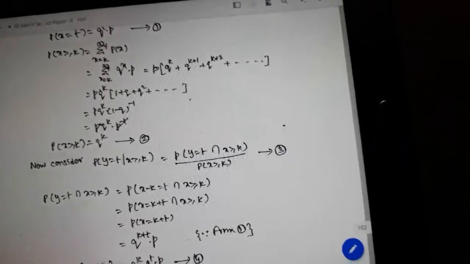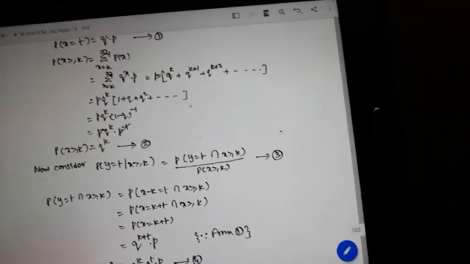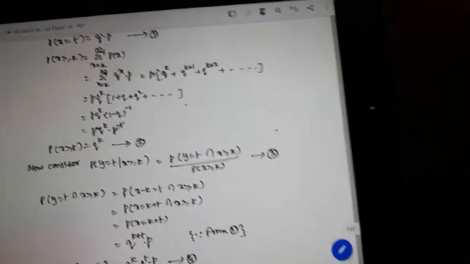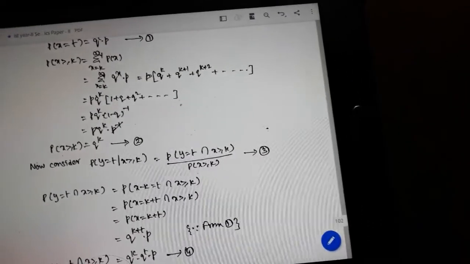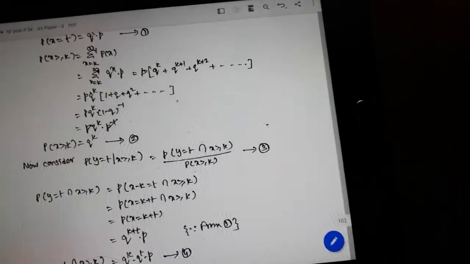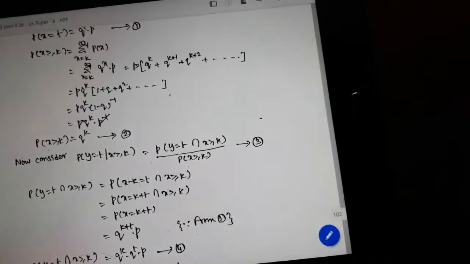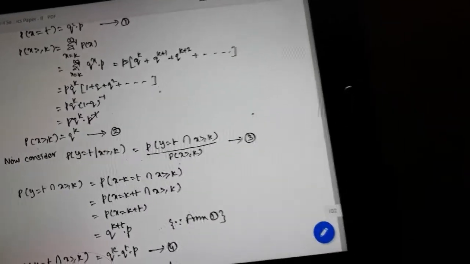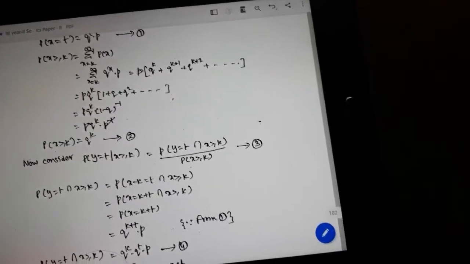Here we consider the given condition, Y is X minus k. So X minus k equal to t intersection X greater than or equal to k, that is X equal to k plus t intersection X greater than or equal to k, where X greater than or equal to k means k, k plus 1, k plus 2 and so on, up to k plus t, k plus t plus 1.